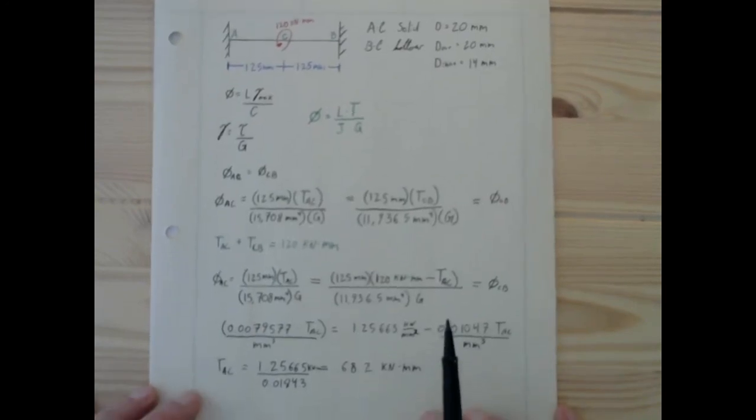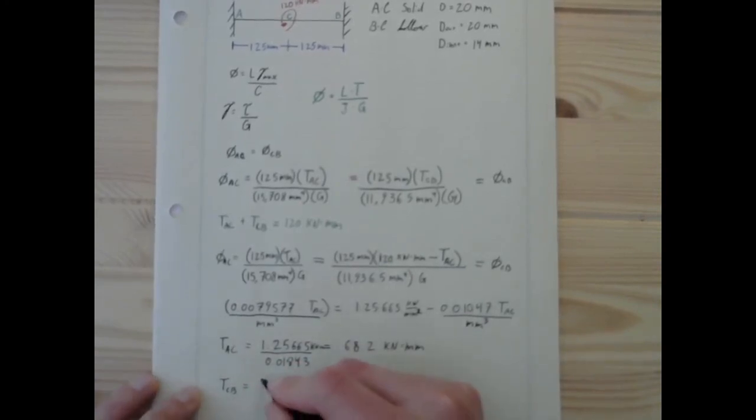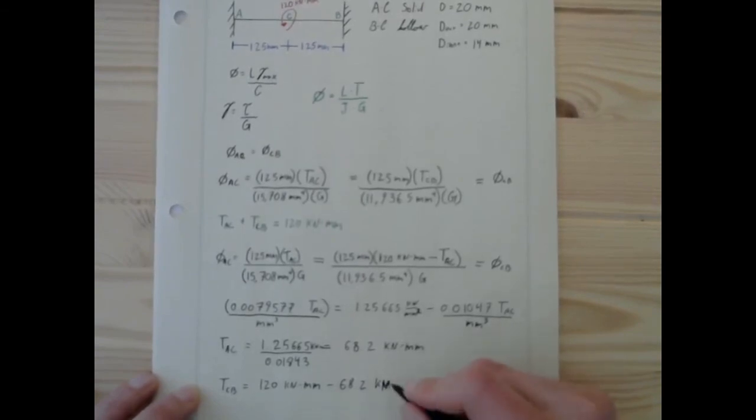So now, getting to the torsion from C to B is pretty easy. It's going to be 120 kilonewton millimeters minus 68.2 kilonewton millimeters, which is 51.8 kilonewton millimeters.